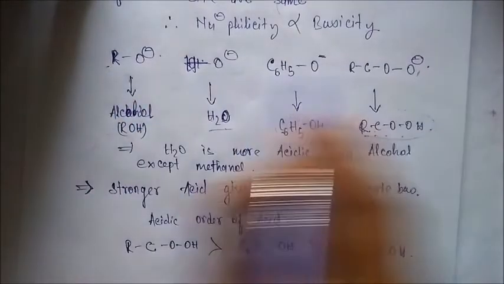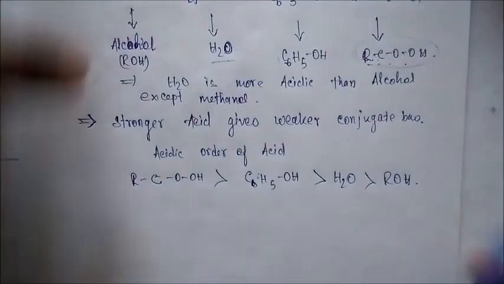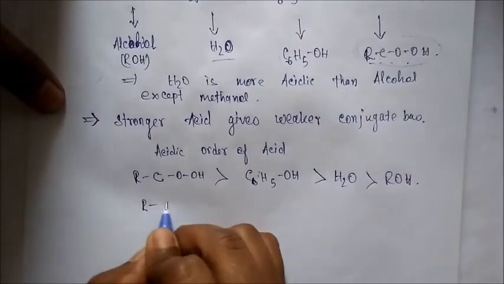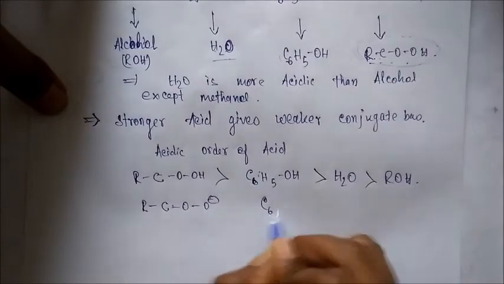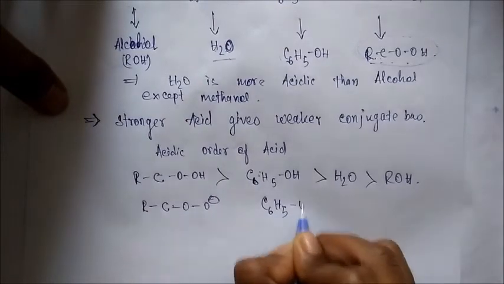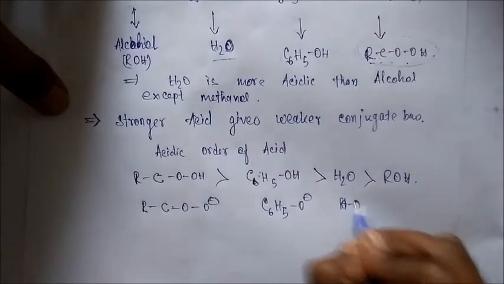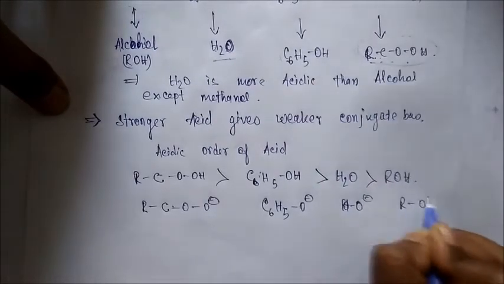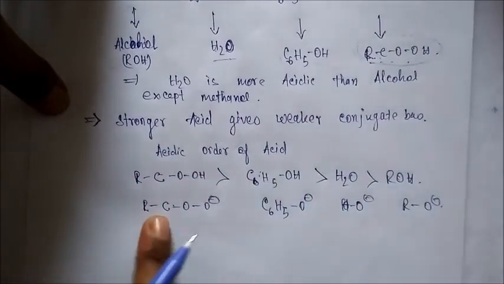Okay, so for the conjugate bases of these acids, the basic order will be the reverse. Let's say we have the conjugate bases RCOO minus, C6H5O minus, OH minus, and RO minus. So this was the acid and this is the conjugate base.